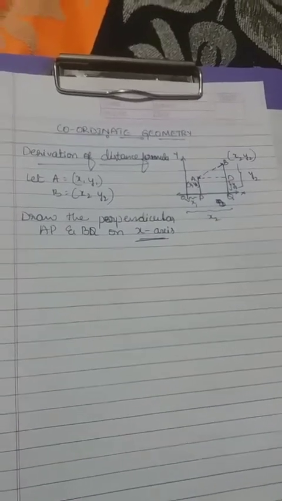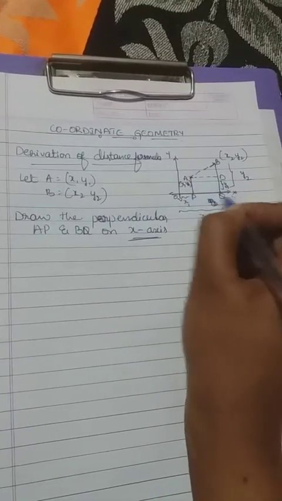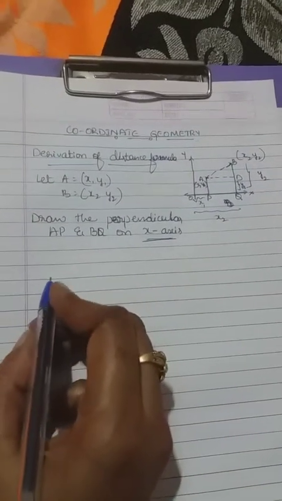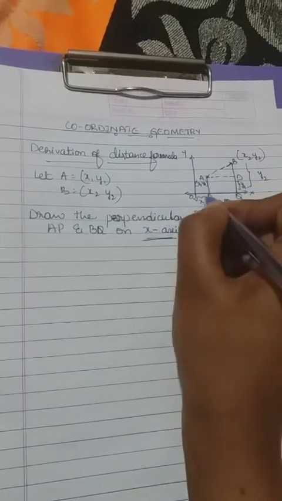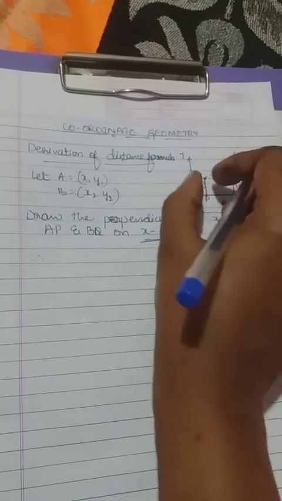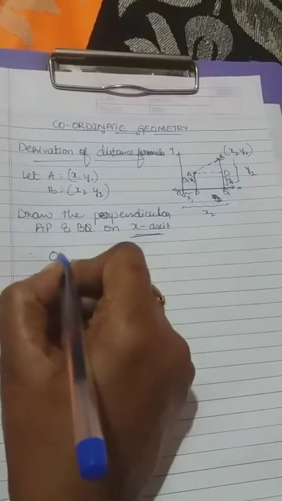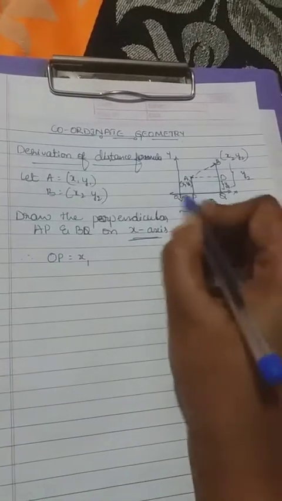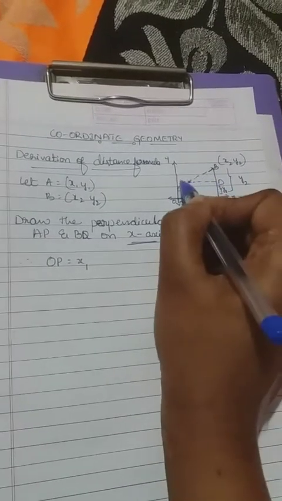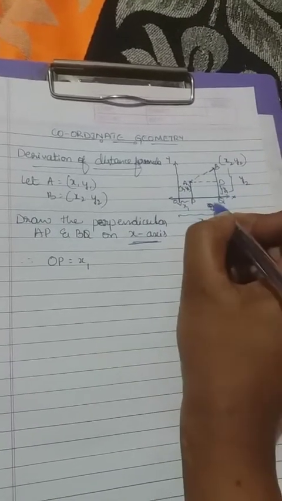Next we have to take AD, which is parallel to PQ. Then OP is the distance from the origin to P, so OP equals x1. And OQ is given as x2, because this distance is given.